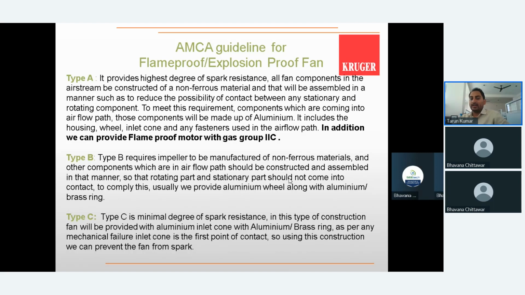By that construction, you can make your fan completely flame proof. So these are the three major guidelines we have to follow for any chemical exhaust, or any application where a spark can be generated. Our purpose is to avoid the spark.